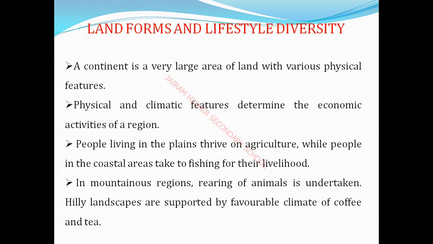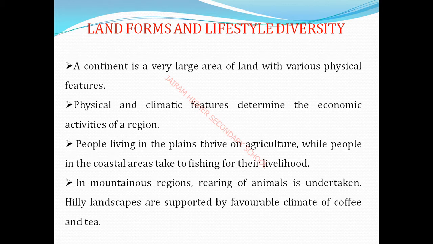See, landforms and lifestyle diversity. How the land and the style of living vary, regarding that we are going to see in this slide. Okay, children. See here, a continent is a very large area of land with various physical features.